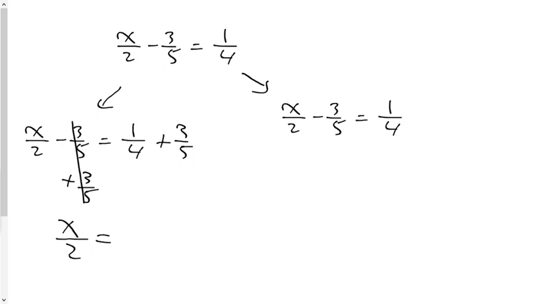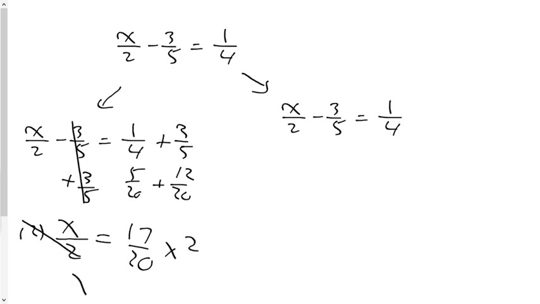So getting rid of the constant of negative 3/5 will result in 17/20. Multiply both sides by 2. I'll get x equals 34/20, or 1 and 14/20, or 1 and 7/10 as a solution.